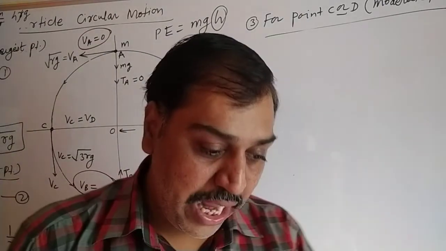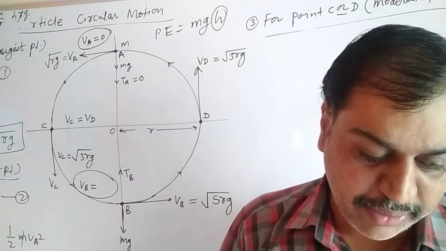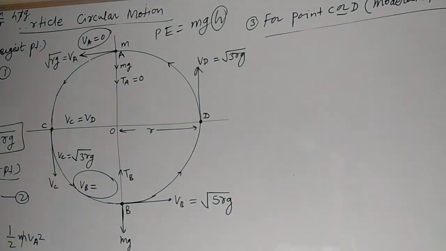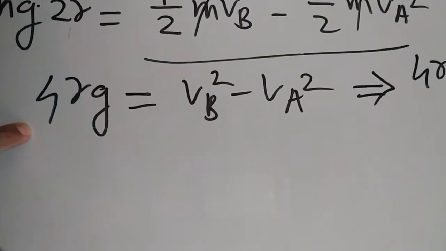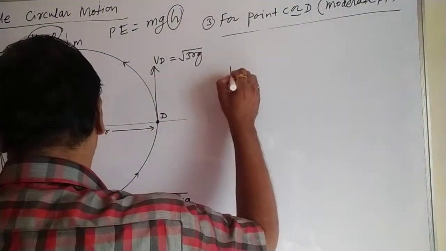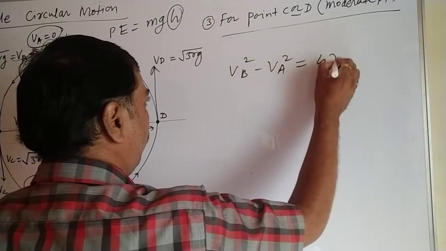Now see, we have written one equation here. VB square minus VA square equals 4RG. I will write this equation here and then we'll go further. VB square minus VA square equals 4RG.